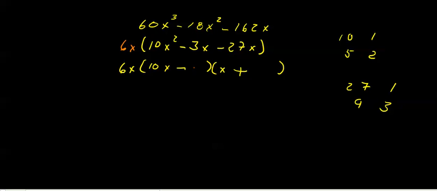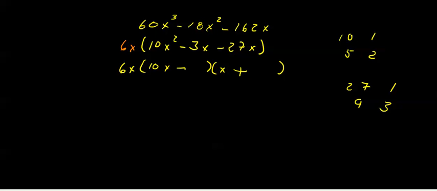So I try the 1 here, the 27 there, 270x minus, no, that doesn't work. So now I'm going to try the 9 here, 3 here, plus 30 minus 9, that's not 3.